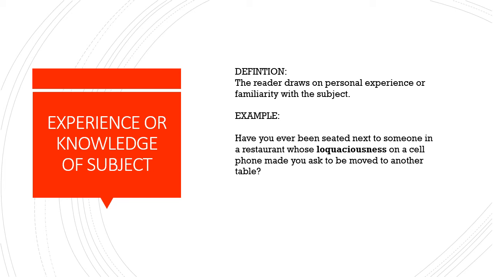So with the use of cell phones today, everyone is using them. And so we can draw on our experience, or at least visualize what it would be like to sit next to someone whose loquaciousness on a cell phone led us to ask to move to another table. My conclusion of what loquaciousness can only mean is loud volume, someone who's extremely loud.